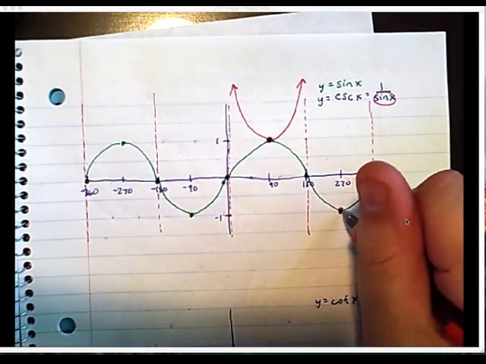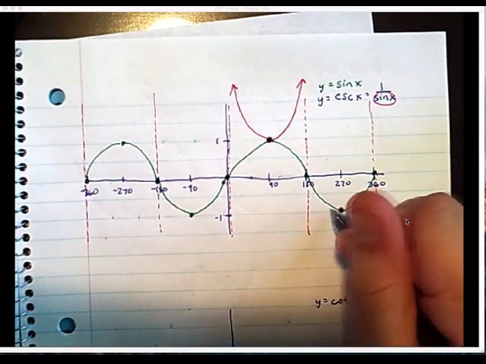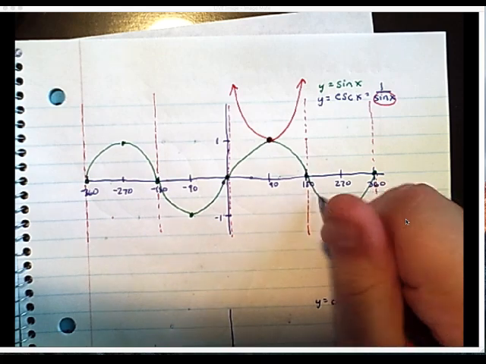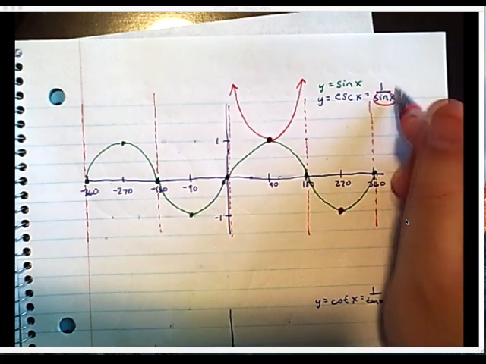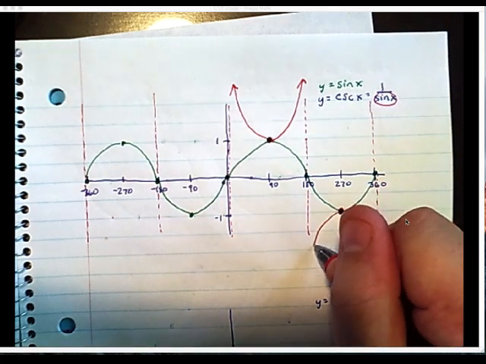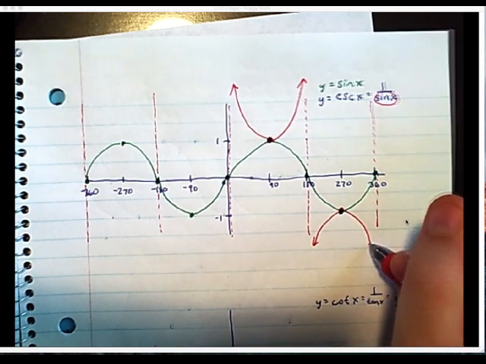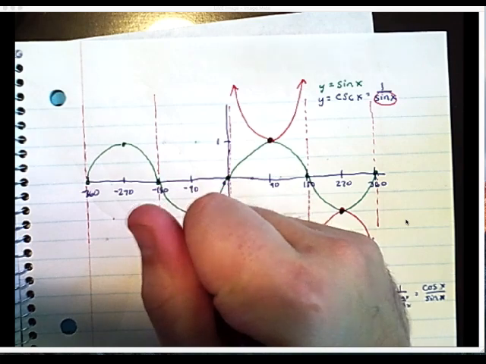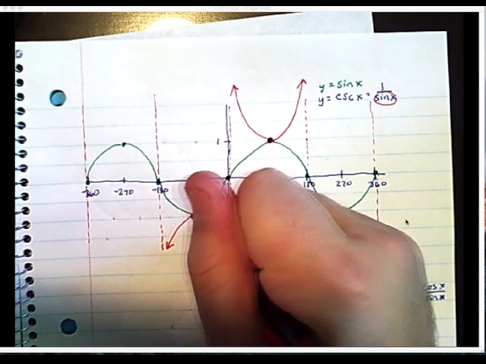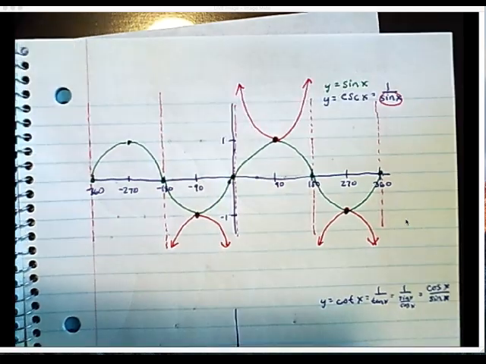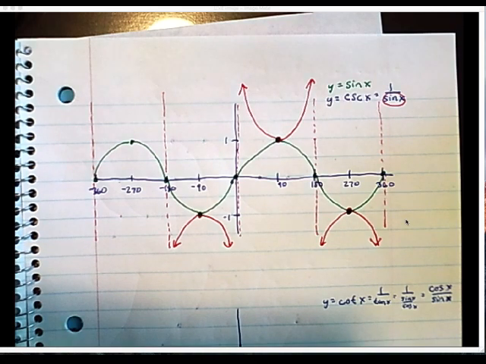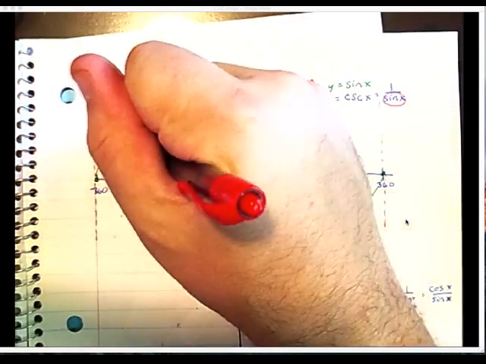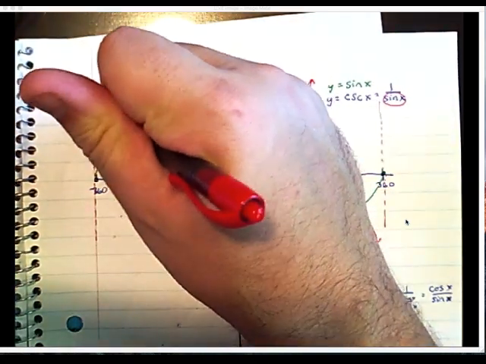Here the sine value is negative 1, and as I get closer to 180, it gets closer to 0, so the magnitude of this gets bigger even though it's negative. So more U-shapes. Same thing over here. More U-shapes. This graph in red that I'm drawing now is the graph of cosecant.